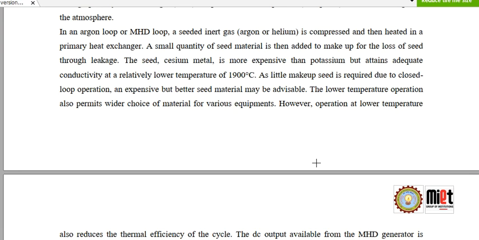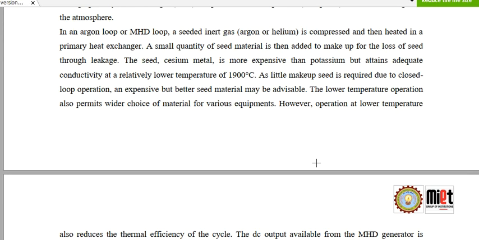In the open cycle system, we saw that potassium carbonate was used as seeding material, but in a closed cycle, potassium as well as cesium can also be used. The reason to use cesium is that although it is an expensive material, the loss of seed material in a closed cycle is very low, so it can be chosen as the preferred material.